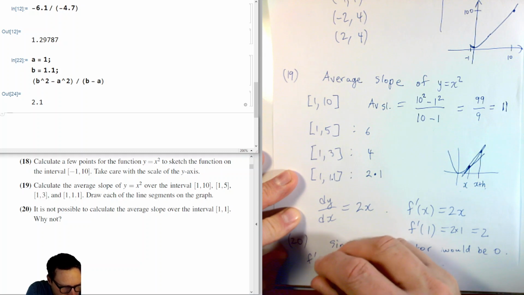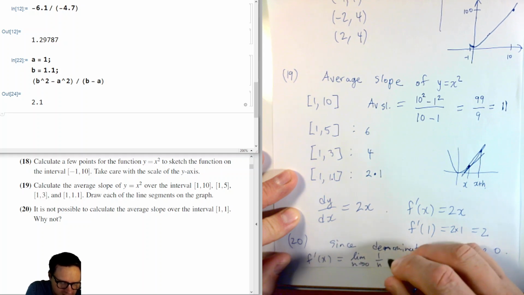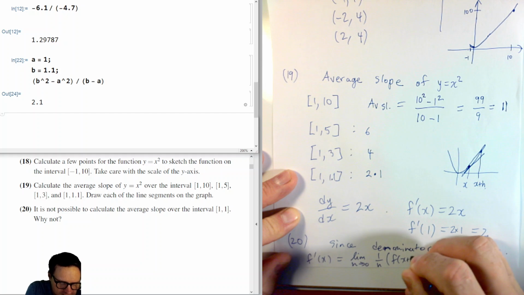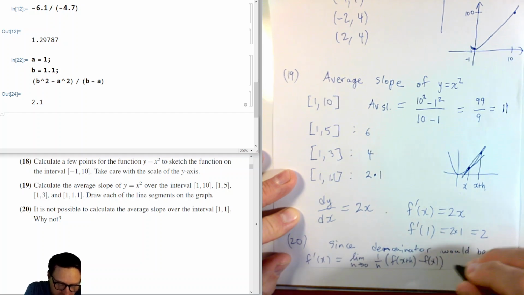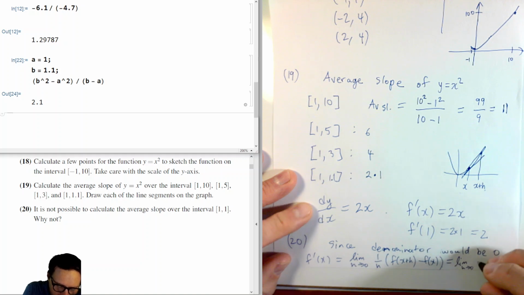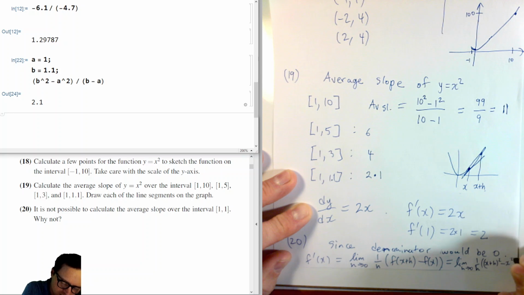So f dash of x is equal to the limit as h approaches 0 of 1 on h times f of x plus h minus f of x. And in this case, we have the limit as h goes to 0 of 1 on h times (x plus h squared minus x squared).